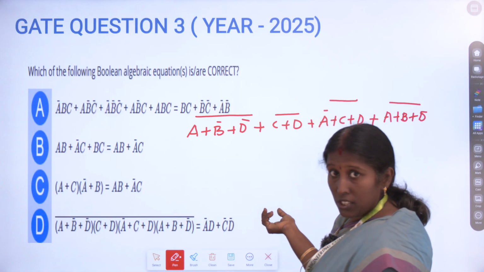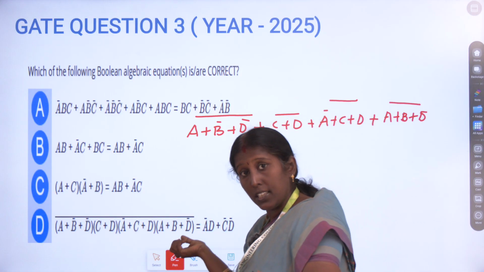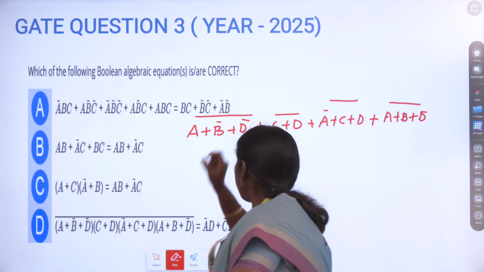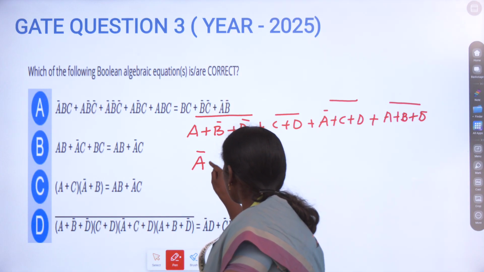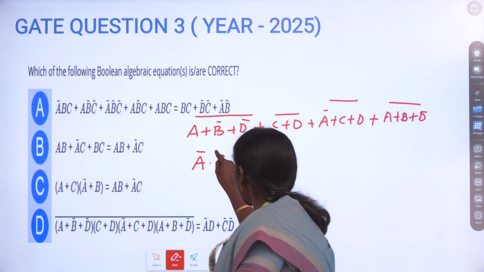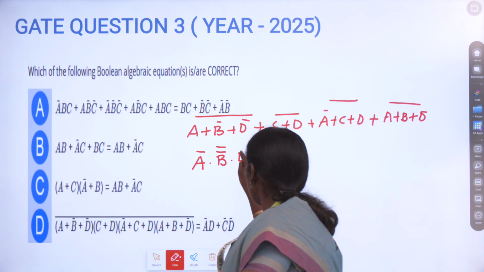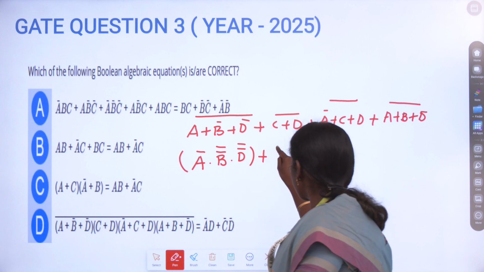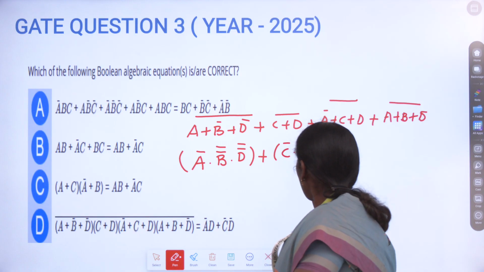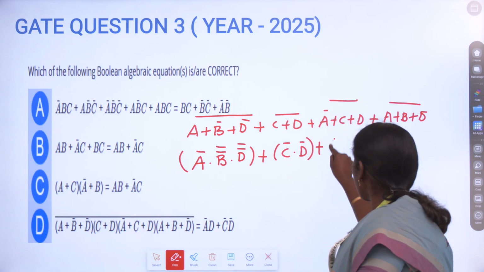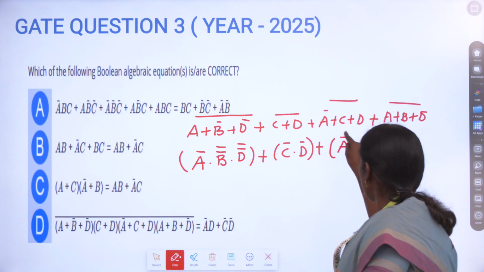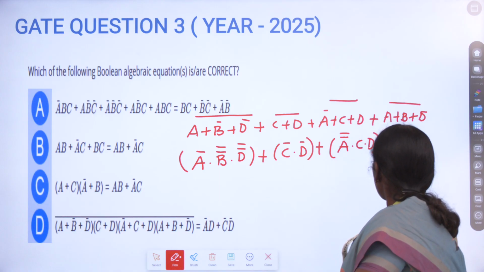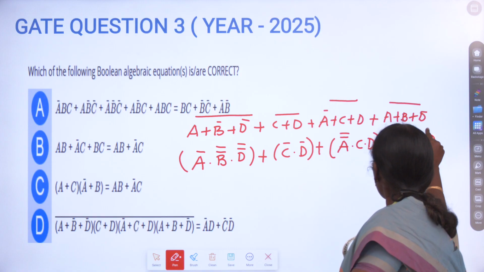Again, I can apply De Morgan's theorem. We know that A plus B plus C the whole bar is equal to A bar dot B bar dot C bar. Using that, I am going to express this term as A bar dot, already we have a bar in this, so it is double bar dot D double bar, plus, let me simplify this, A bar dot D bar, plus, let me apply the theorem, A double bar dot C dot D, plus, let me apply the theorem, A bar B bar dot D double bar.